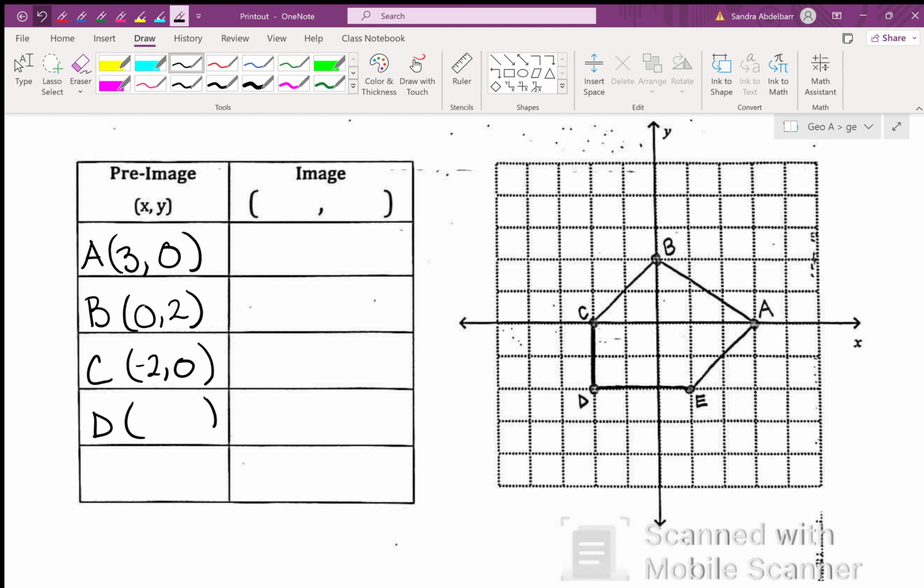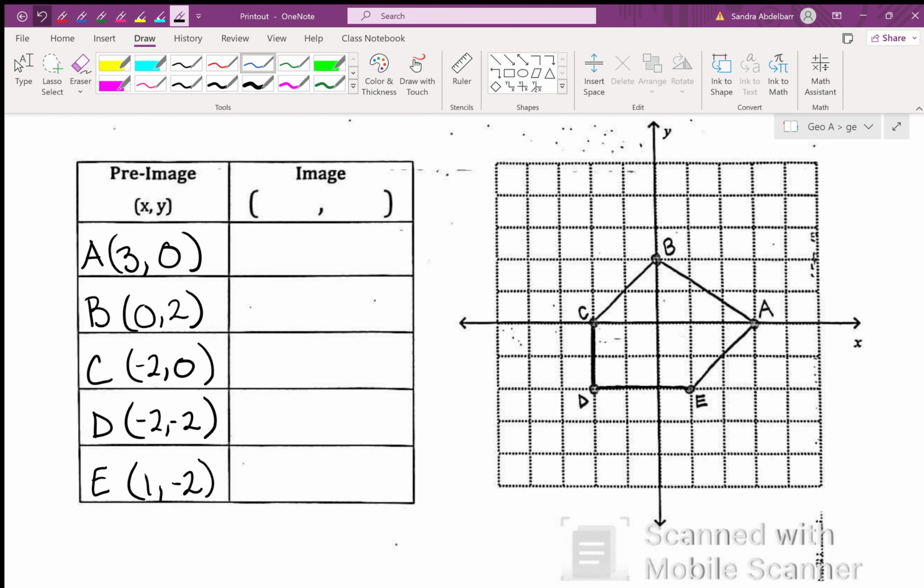Coordinates for D? James? Perfect. (-2, -2). And the coordinates for E? Bridget? You got it. (1, -2).